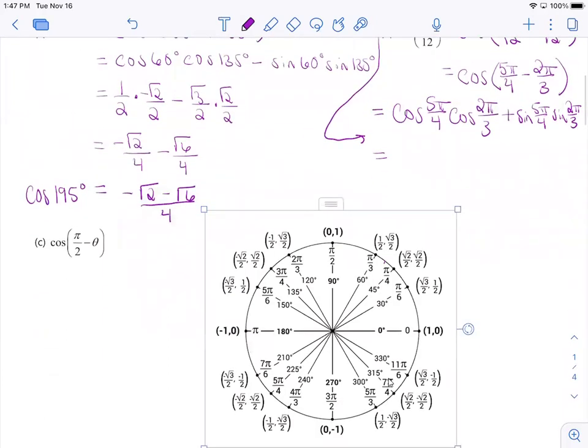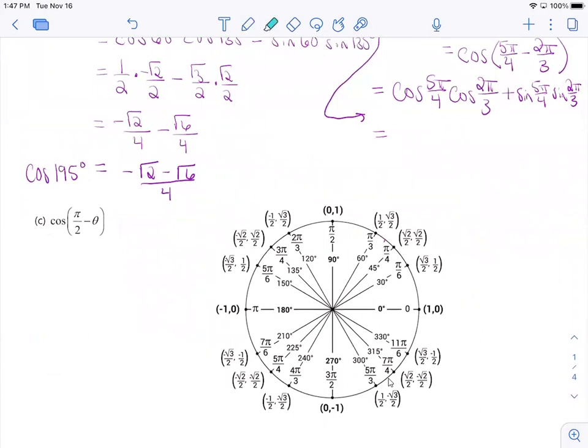So bringing back that unit circle, I'm going to focus my attention at 5 pi over 4 and 2 pi over 3. Cosine of 5 pi over 4 is negative root 2 over 2, times cosine of 2 pi over 3, negative 1/2, plus sine of 5 pi over 4, negative root 2 over 2, times sine of 2 pi over 3, root 3 over 2.